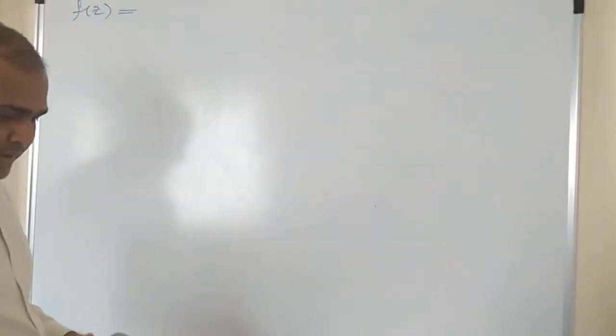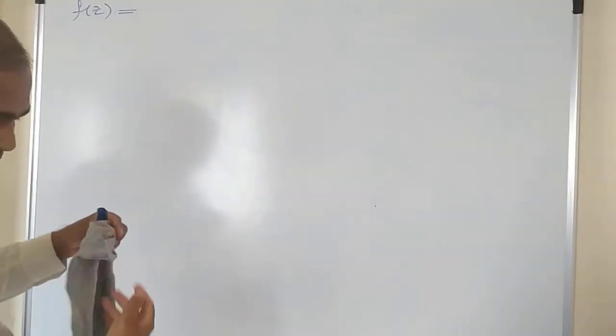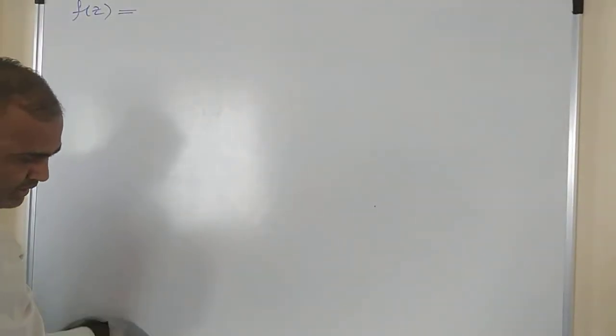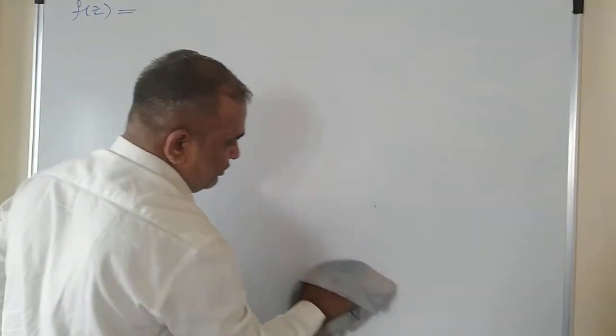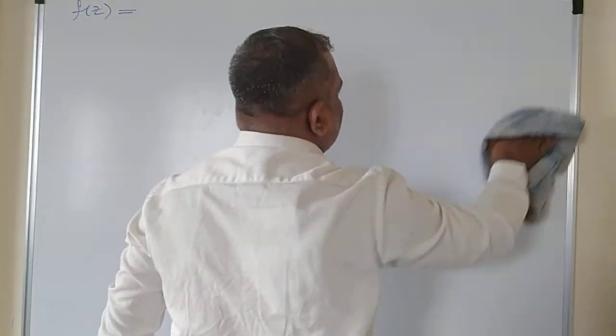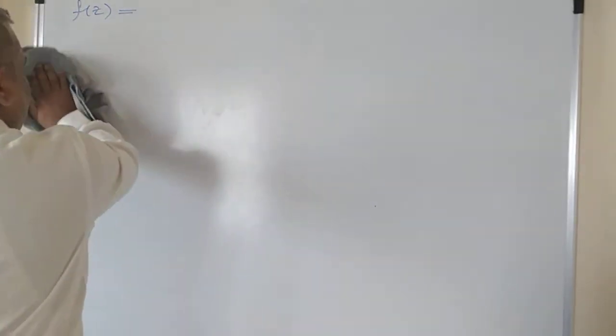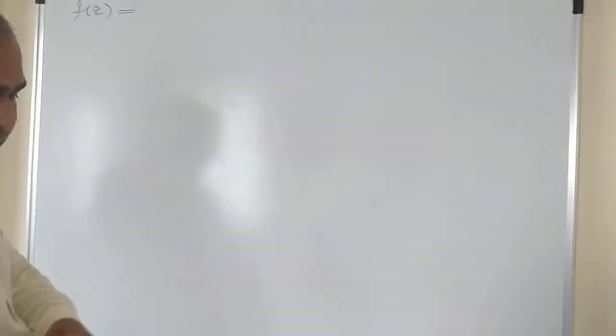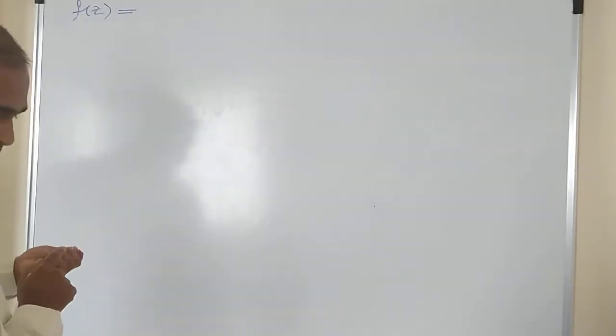So the next problem is f of z is equal to z square upon z minus 1 bracket square and z minus 2. That is a little bit of change in the function only, and let us solve that quickly. The residue will change if the function changes.